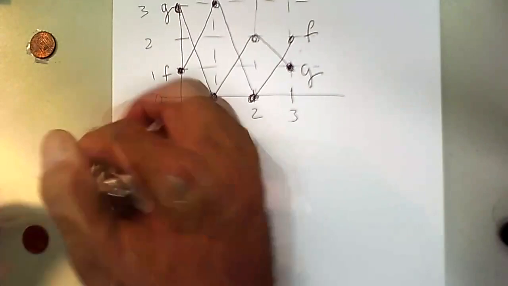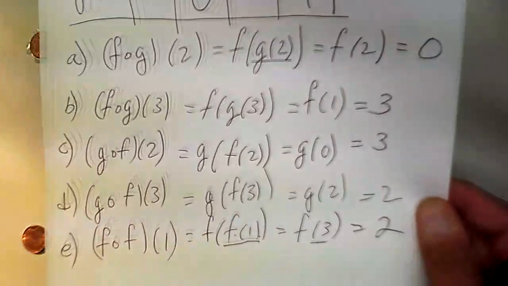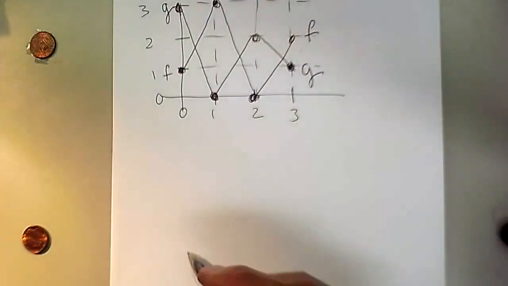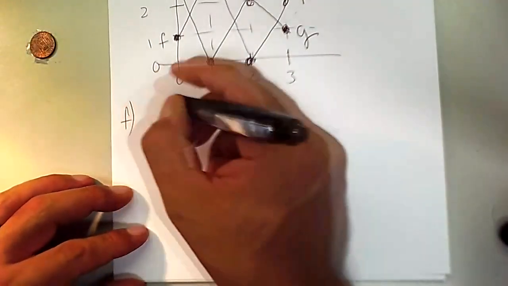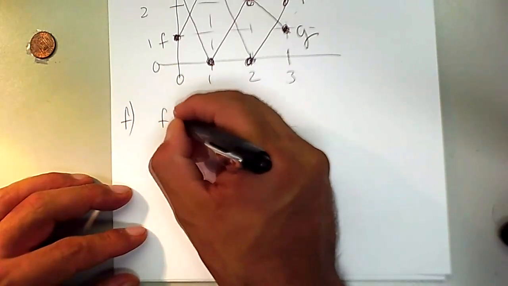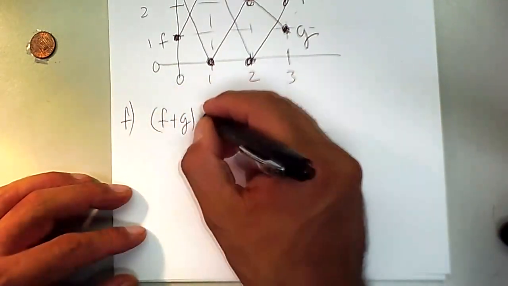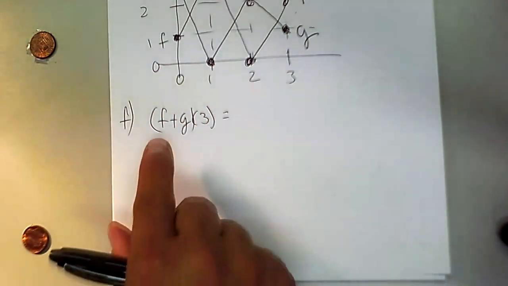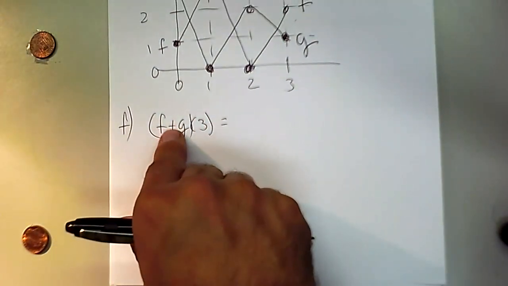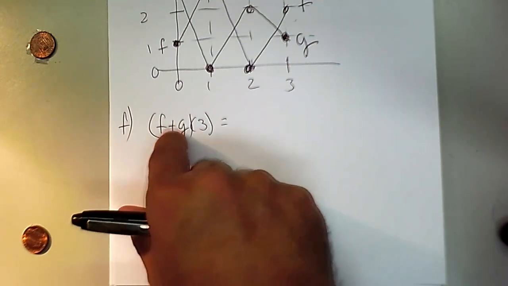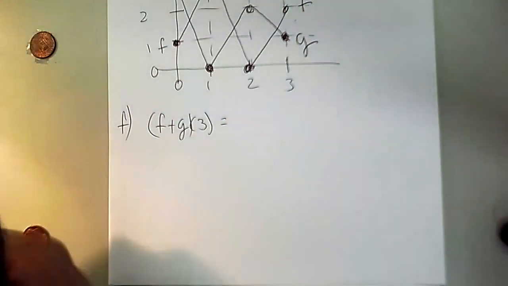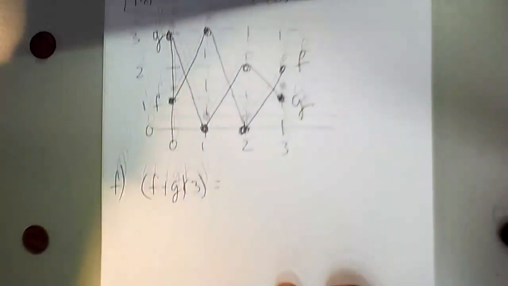So where did we stop? What letter? E. So we did A, B, C, D, E. Let's do F. How about F plus G of 3? Whoa. So watch out. This is not a composition. This is an addition of outputs. So F of 3, and pretend we don't even have the table, just the graph.